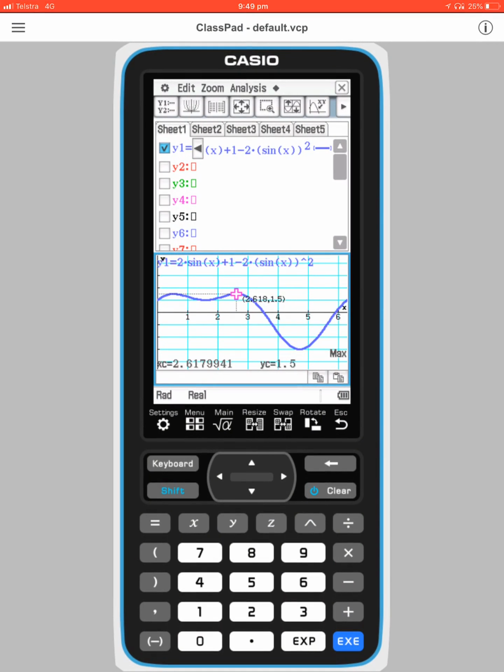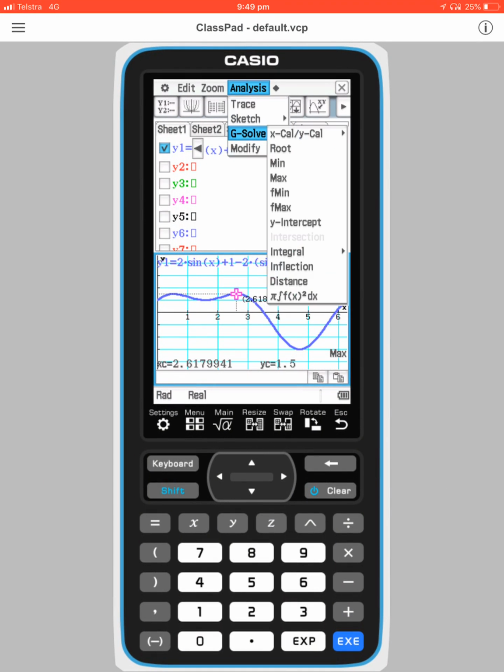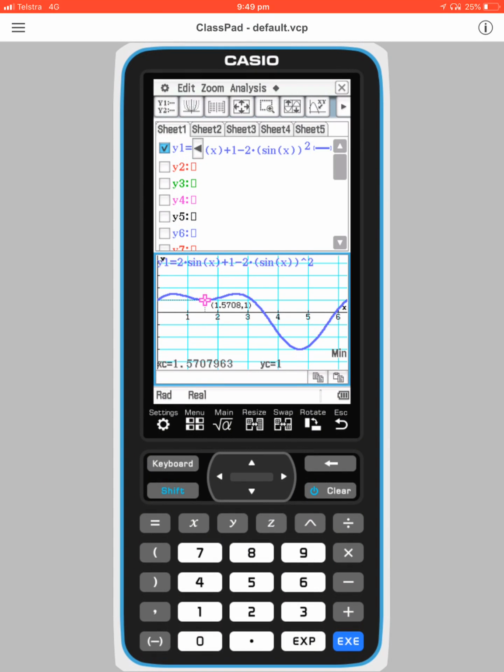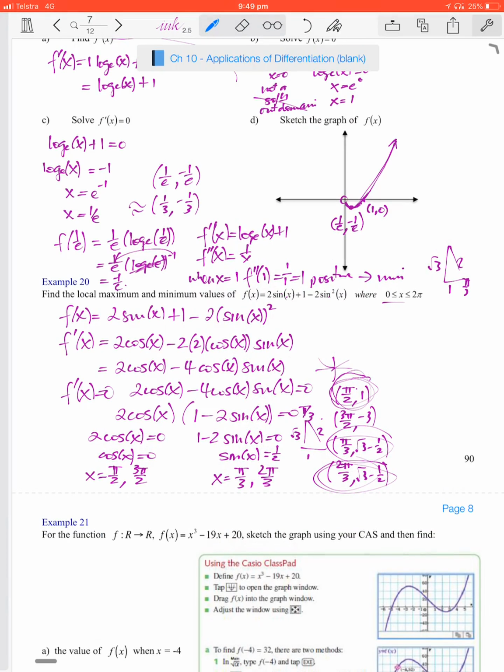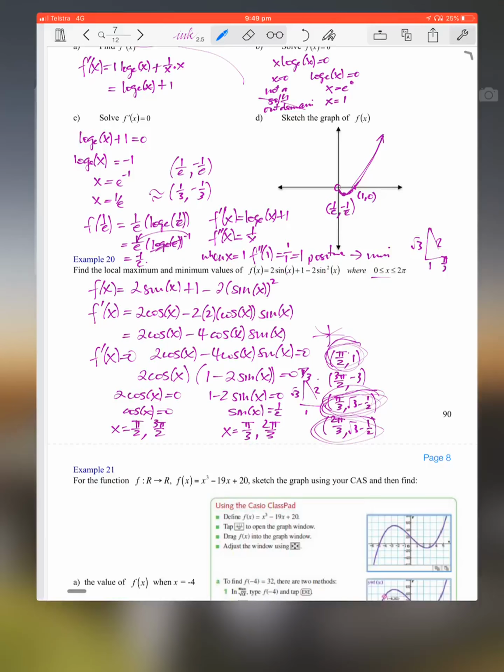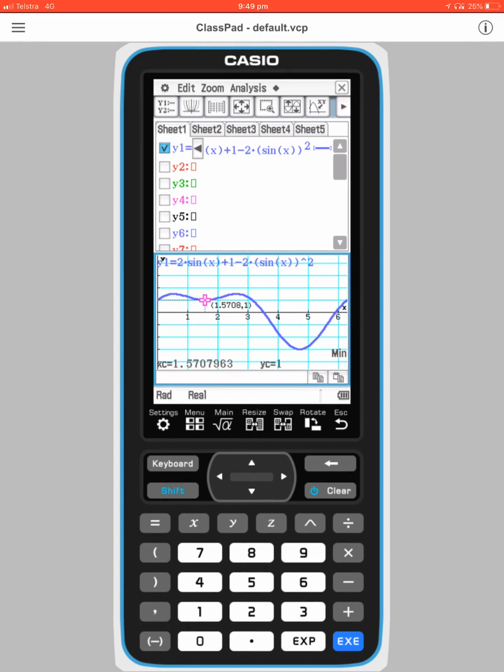Where are we? So if we go analysis G solve min, we'll see that there's a min at pi on 2. Oh, so one max is there, which is pi on 3. That's one max. Then another max.